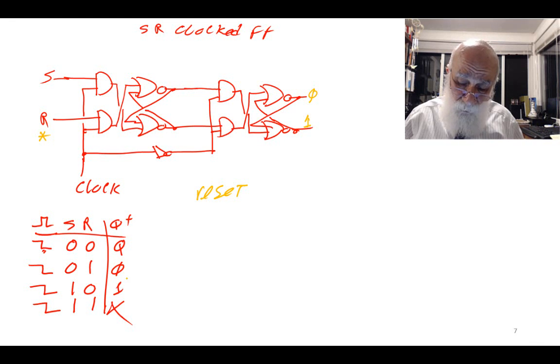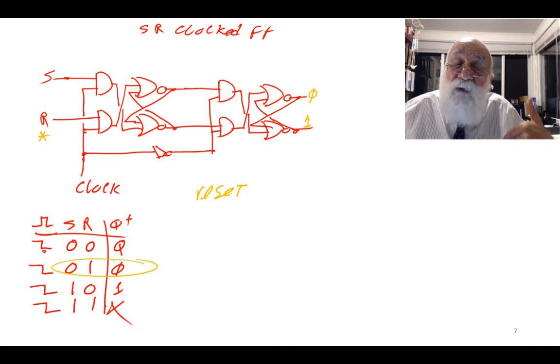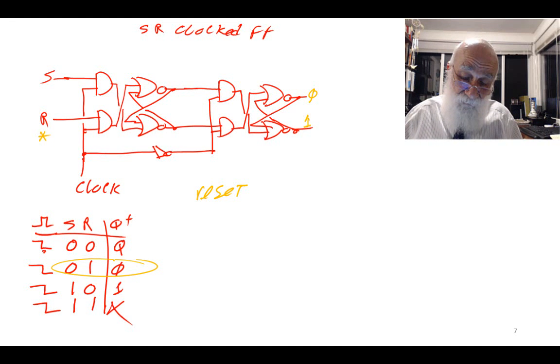See, if my output is already 0, reset resets it to 0, but this is reset already. So there is really no need for resetting it after the output is already reset.